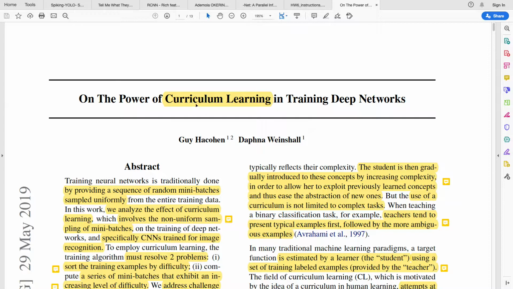Essentially, the key important thing here is curriculum learning, and the idea is taken from educational institutions: colleges, universities, and high schools. You always have what you call a curriculum. Now, what's a curriculum? It's a plan of how you are going to teach the course, the subject, or whatever it is you want to teach.